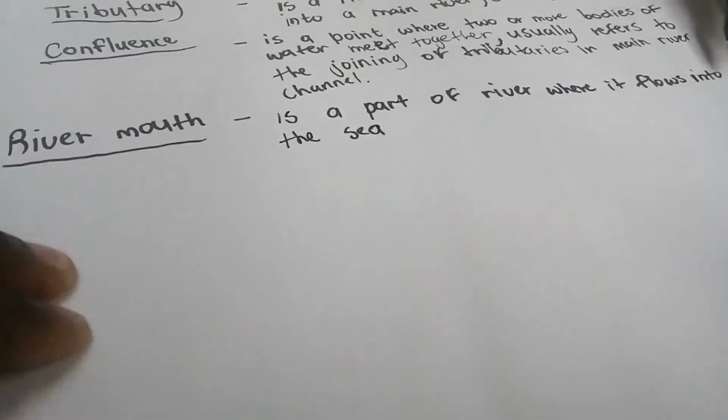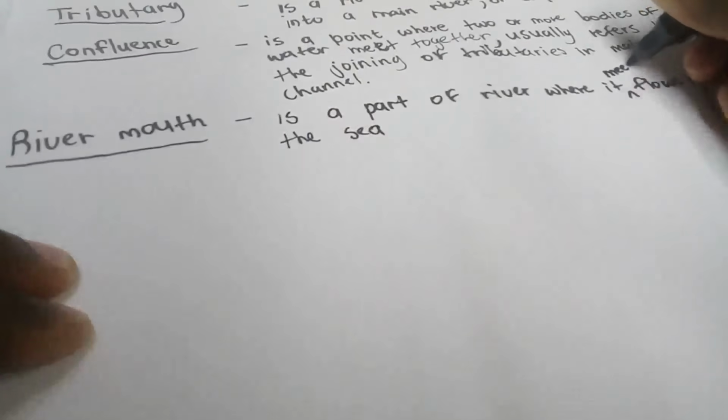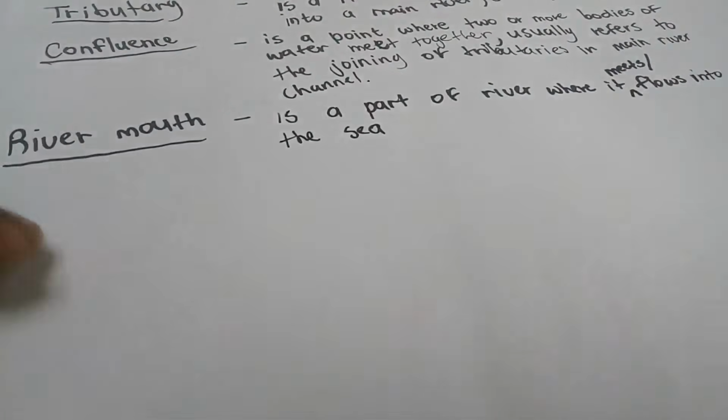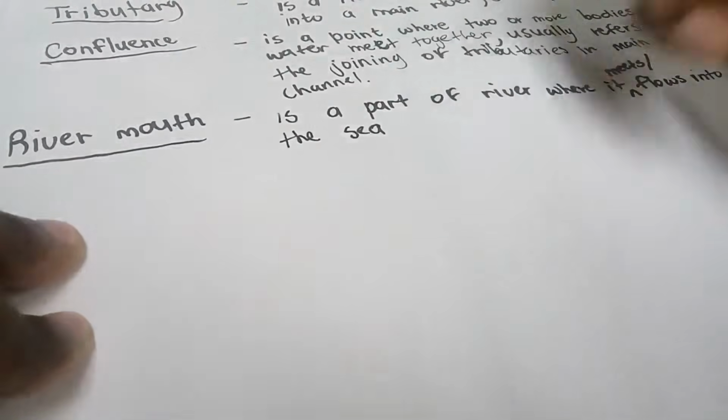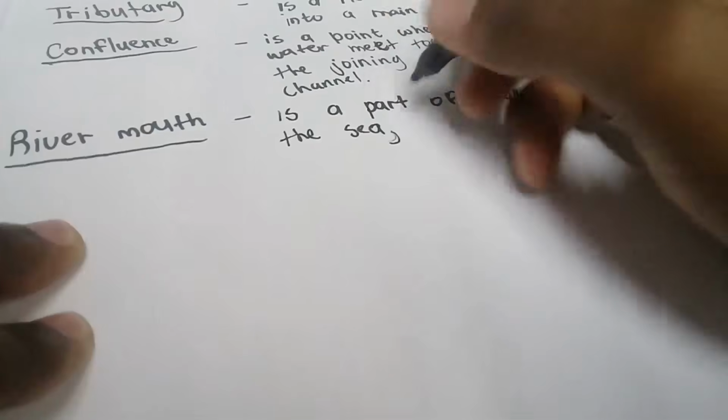The part of the river where it flows into the sea, where it meets, or flows into the sea. Into the sea. It can also be another river.